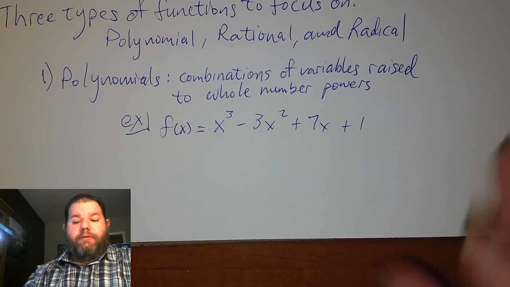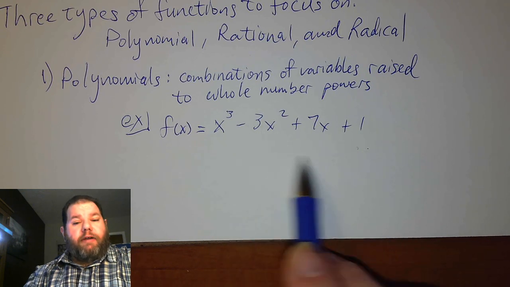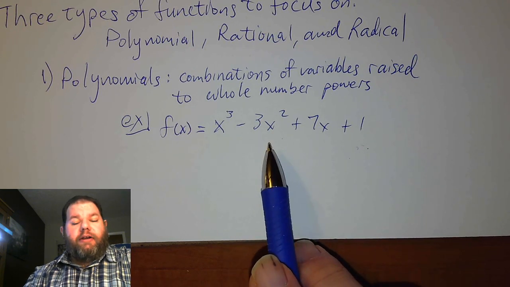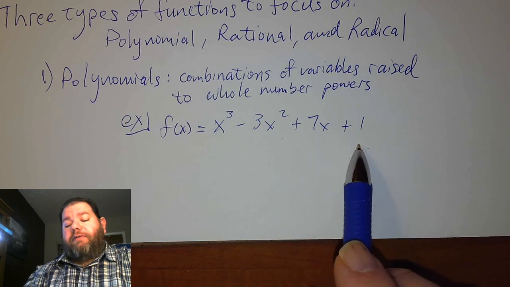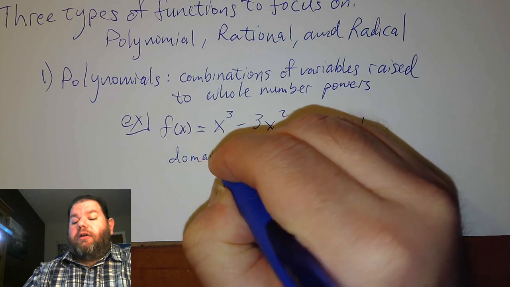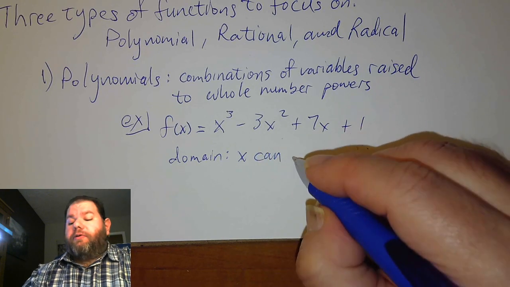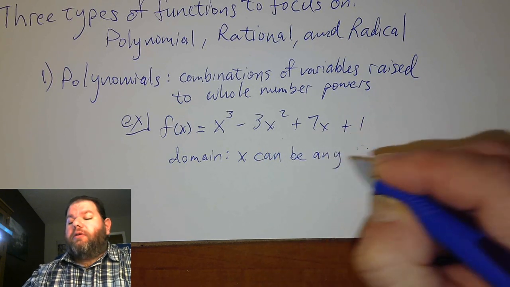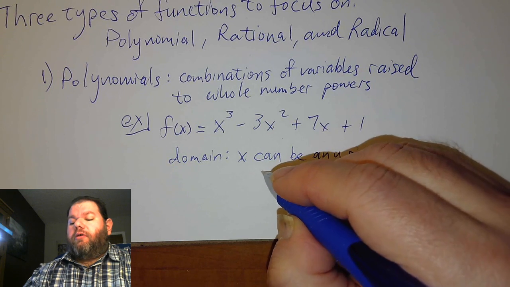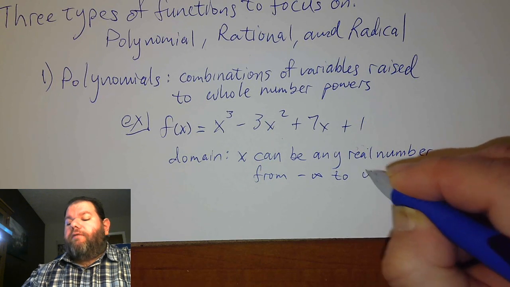If we look at a polynomial, there's nothing here to divide, so we'll never divide by 0, and there are no square roots in this equation. So we'll never have to worry about taking the square root of a negative number. Because of that, there's really no restrictions on the domain. So the domain says that x can be any real number from negative infinity to infinity.